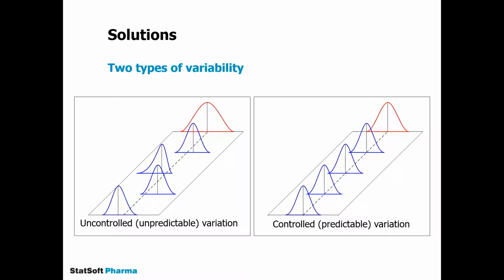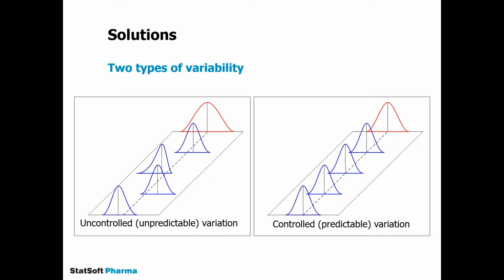A predictable, stable process is characterized by random, natural variability, resulting from many cause and effect relationships, none of which is dominant in the process. In an unpredictable, unstable process, however, there are special causes and unidentified sources of variability that affect the process and generate product out of specification limits.